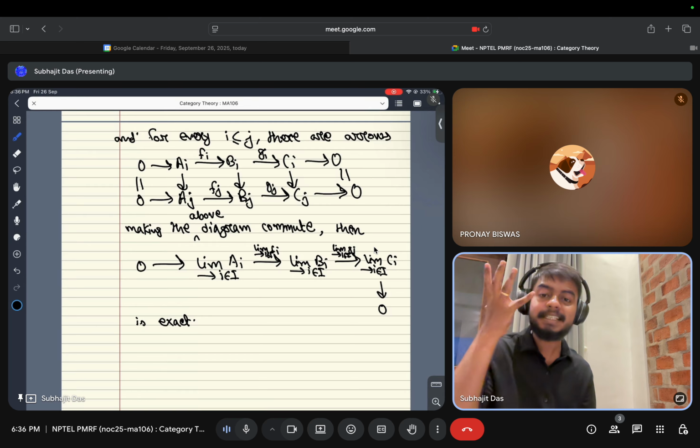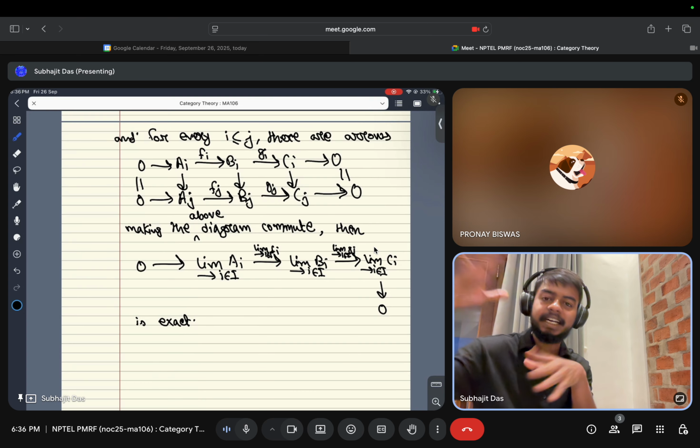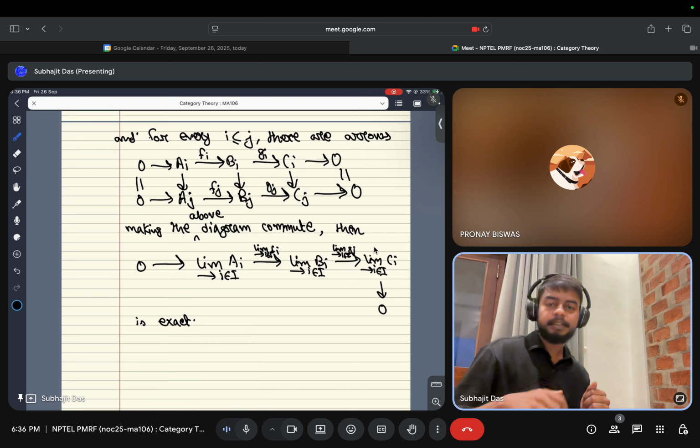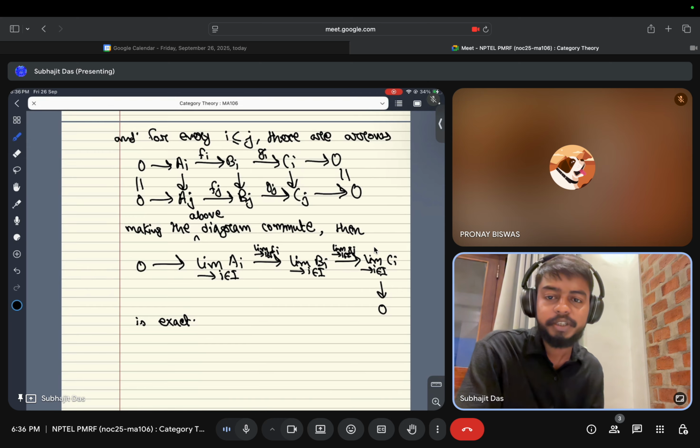So you can use the universal property of the co-limit of AIs to obtain this map. There should be a unique map making all the relevant triangles commute. That unique map is exactly limit FI, and similarly you obtain limit GI.